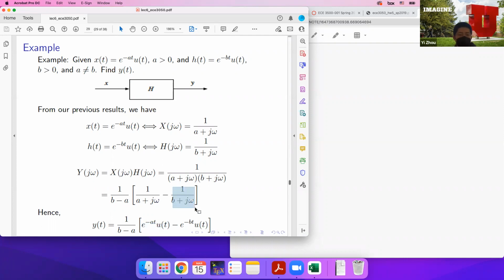And similarly, the second spectrum corresponds to the other, which is also an exponential signal. So you can see that in the entire process, as long as the signals given are standard signals, you don't have to calculate the Fourier transform or inverse Fourier transform by hand. You just need to refer to the table and figure out the transformation pairs.